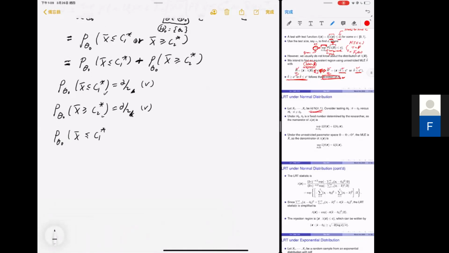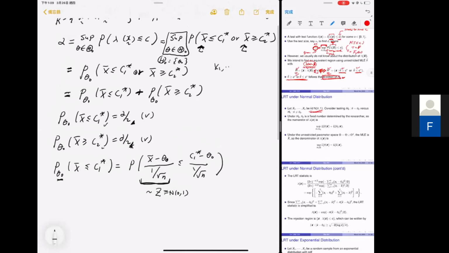Then C1 star equals what? Because theta is theta 0 right now, I can write X bar minus theta 0 divided by 1 over square root of n, smaller than C1 star minus theta 0 divided by 1 over square root of n. Why do I want to do that? Because theta is theta 0 right now, I do know the whole left-hand side random variable follows normal 0, 1. How do I know that?